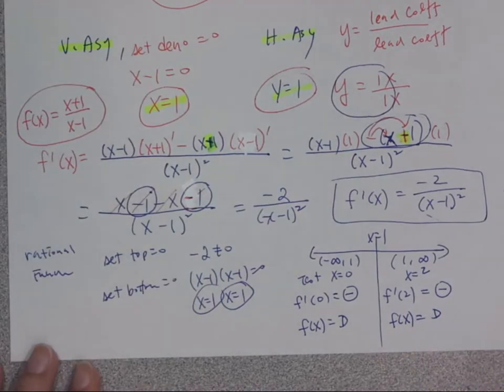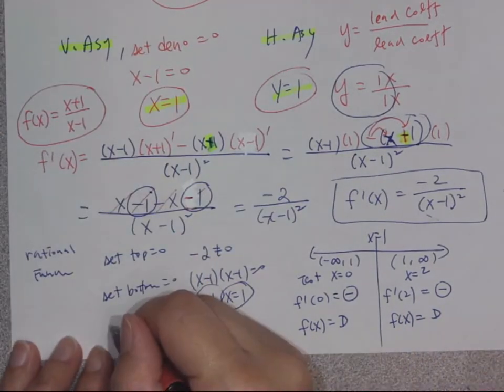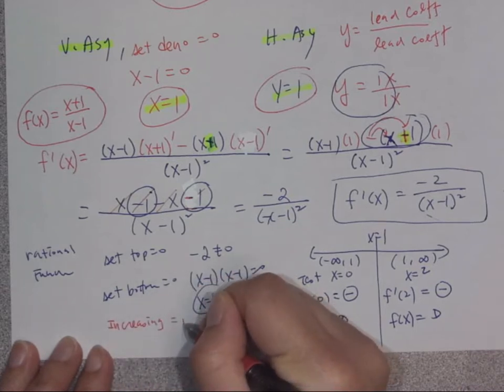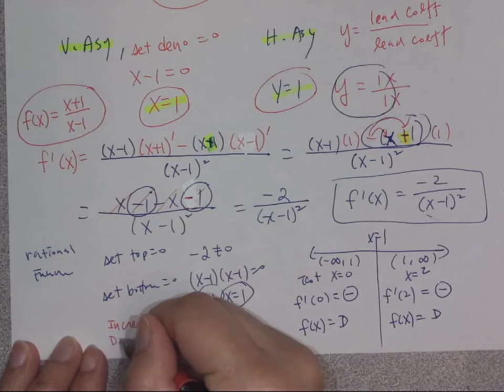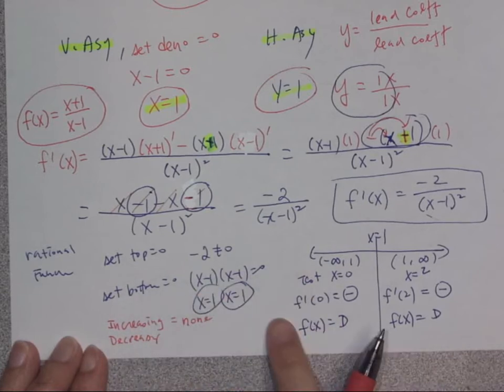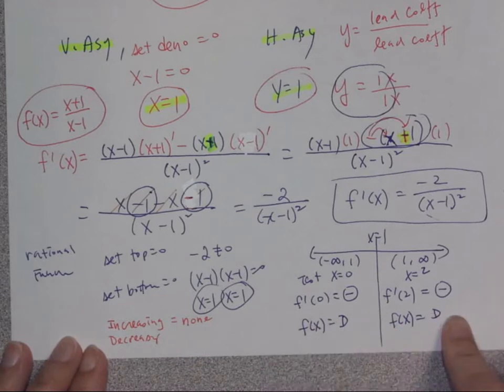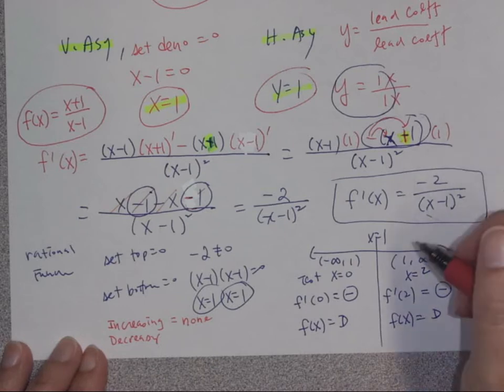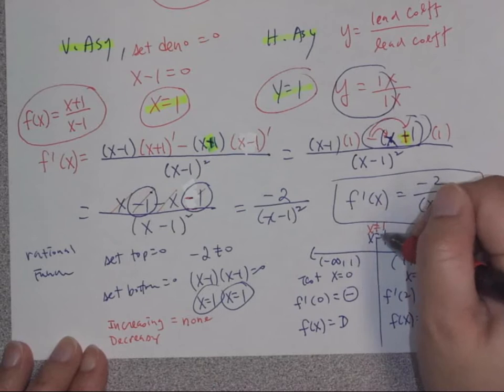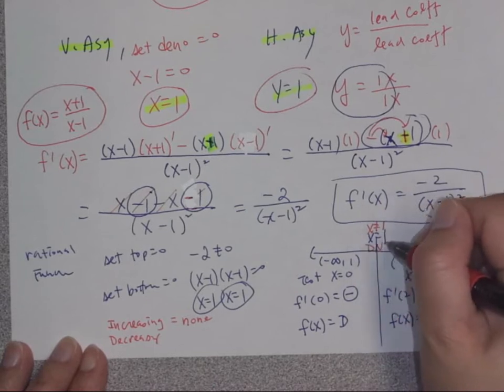So I can say that increasing is none, decreasing is going to be all the way, normally, but remember x cannot equal 1 is my domain. X cannot equal 1 is my domain, so at this point it does not exist, right?